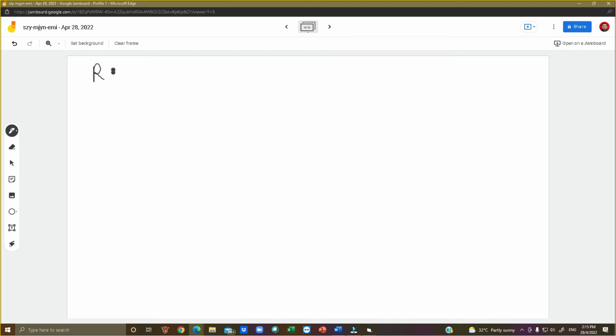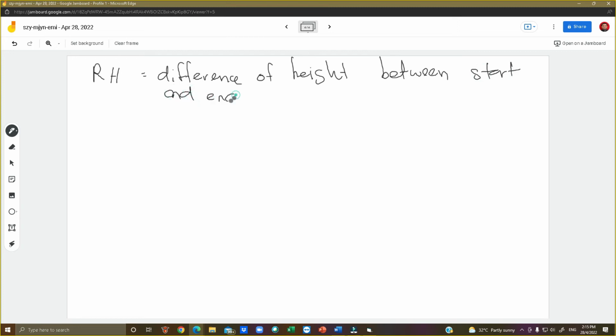Okay. Relative height is the difference of height between start and end. Okay. Jadi relative height ni kita ada 3. Okay. Kita ada relative height 0, relative height 1, relative height negative 1.